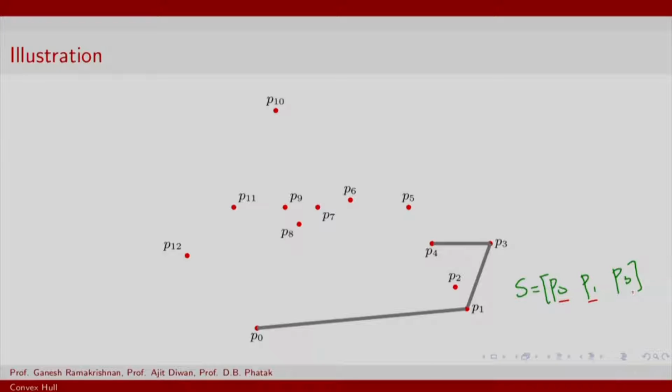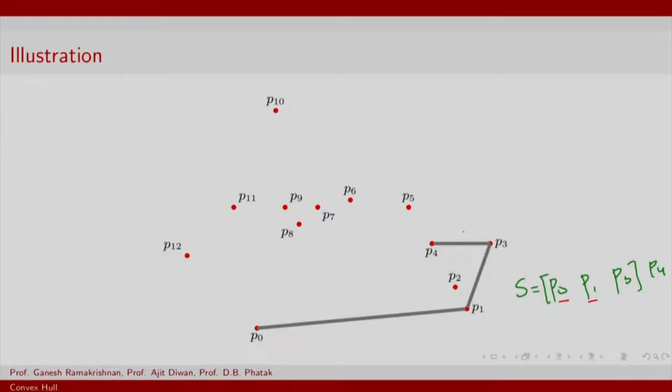So we always look at the top element as a candidate for inclusion or exclusion in conjunction with the new point that is being considered, which is P4, but we will use the previously included point P1, this is the second last element on the stack, to check for whether P3 should be included or not, and that is what we will do here. The angle suspended at P3, we find that P4 is rotated clockwise from P1 with respect to P3. So this means P3 will be included.